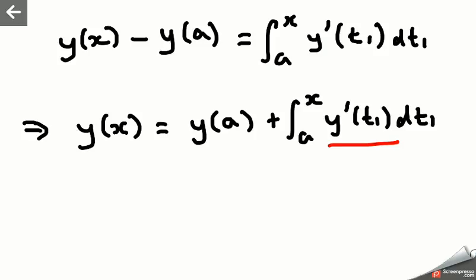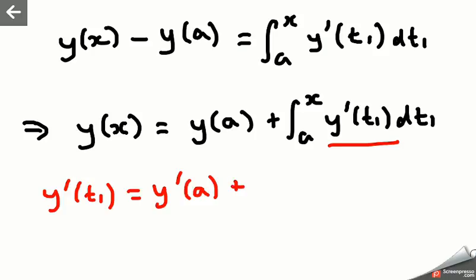So by the same theorem, assuming that y prime of T1 can be differentiated at the point a, we have y prime of T1 is equal to y prime of a plus the integral from a to T1 of y prime prime of some other dummy variable, let's call it T2, dt2.